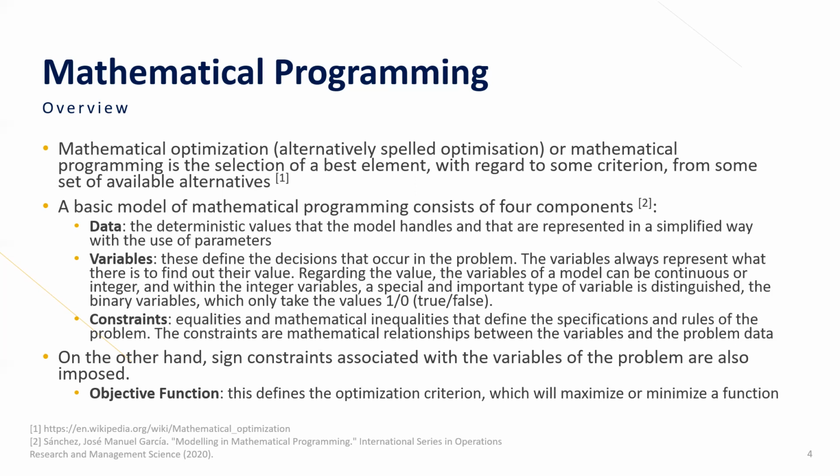They can also be used to define the specification and the rules of how the variables can be decided for your optimization models. So the constraints often define the relationship between the variables and the problem data.